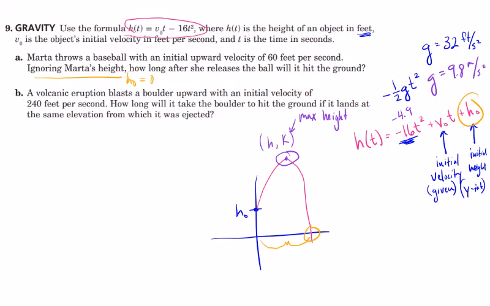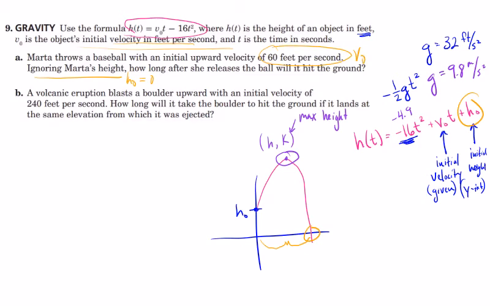We're just going to plug in a value, and then we'll do the same things that we did before. So we have this formula. They tell us initial velocity is v naught, and so forth. Then it says Martha throws a baseball with an initial velocity of 60 feet per second, right? So that's our v naught.